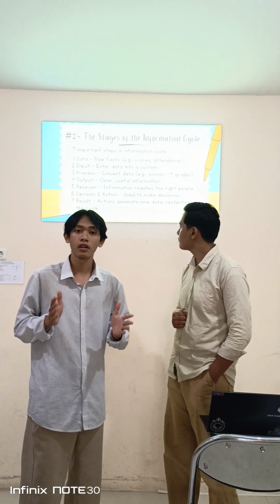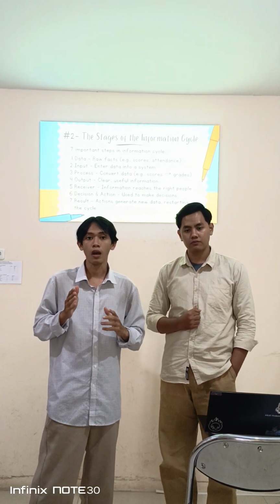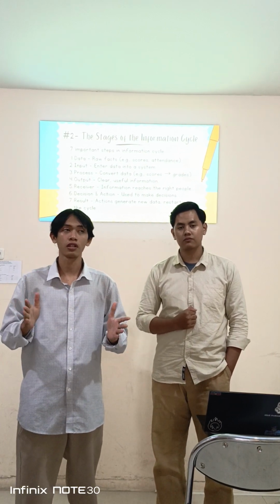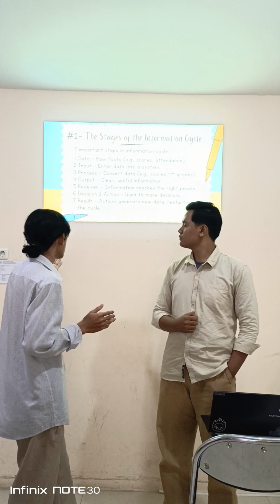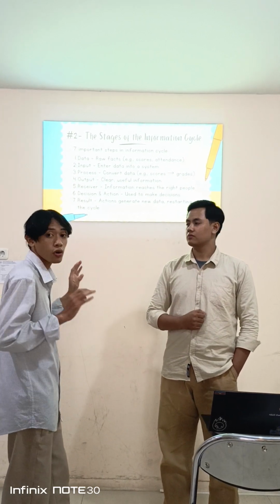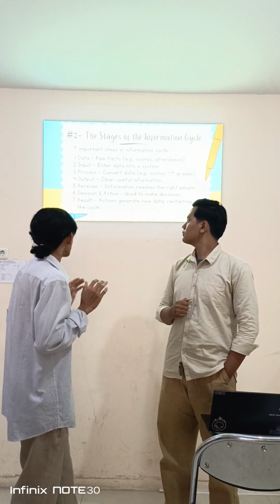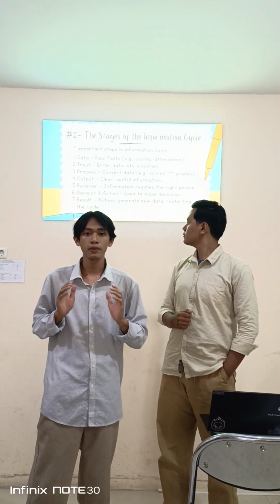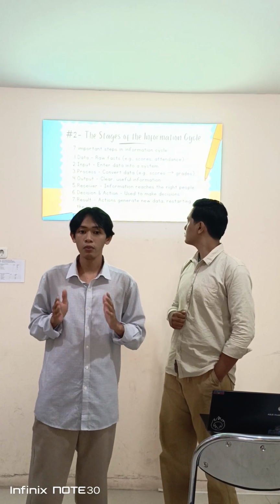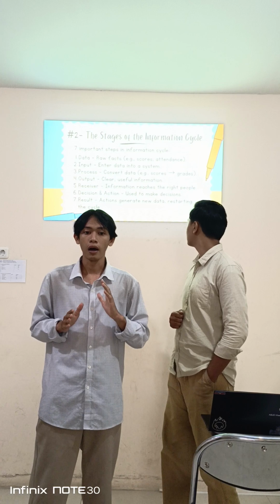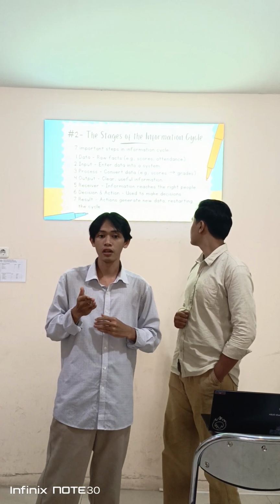Input is entering data into the system using a keyboard, scanner, or some applications. And then the third one is process, which turns data into output. The fourth one is output, clear, useful information. And the fifth one is receiver. The information is received by people who need it, like teachers or managers.